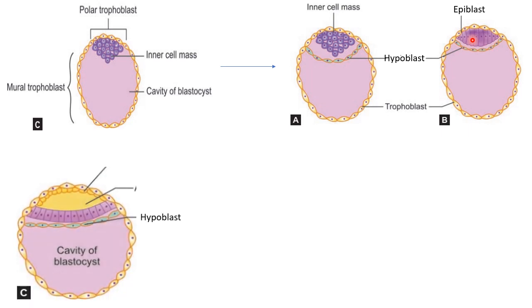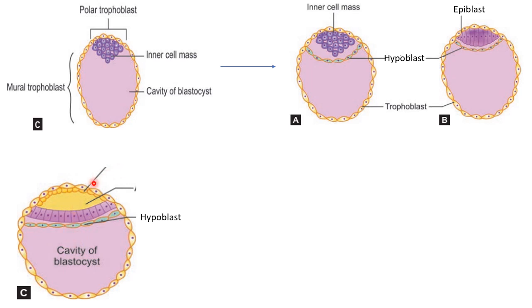So the next process is simply the formation of the amniotic cavity. What will happen is that between the trophoblast and the epiblast, okay, there will be a space that will be formed. So how will this space be formed?